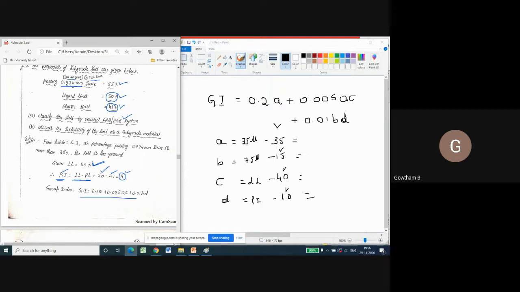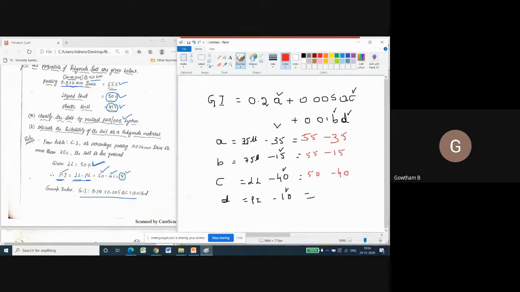In order to calculate the group index, you have to calculate A, B, C, and D. It is calculated like this. A is equal to the percentage of soil passing the 75 micron sieve, which is 55, so 55 minus 35. For B, the percentage passing the 75 micron sieve minus 15, that is 55 minus 15. For C, the liquid limit minus 40; the liquid limit is 50, so 50 minus 40.